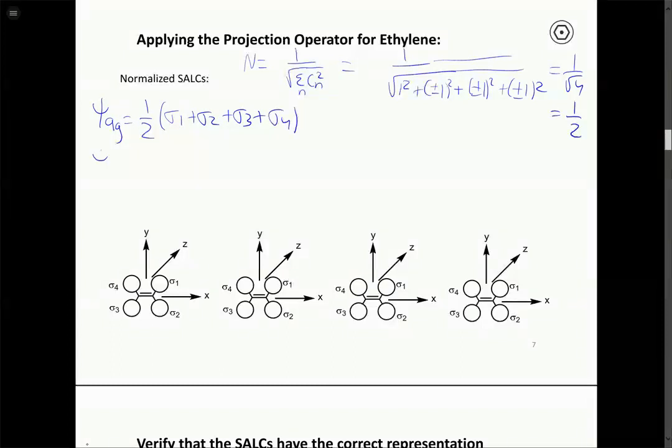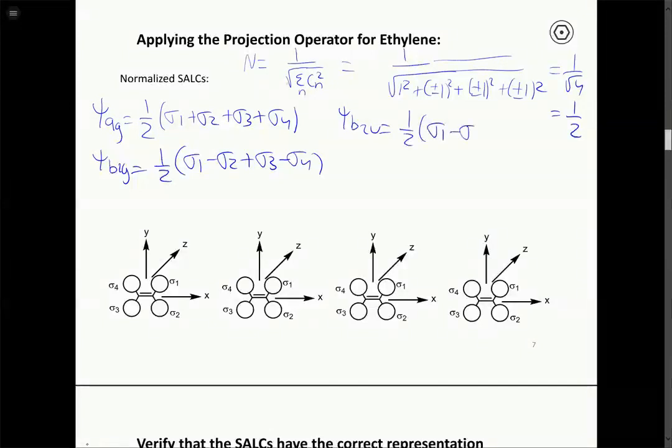For B1G, we get 1/2, and we get sigma 1 minus sigma 2 plus sigma 3 minus sigma 4. B2U, we get, so all we're doing is just copying what we did in the last slide and then putting the normalization coefficient in front of it, so nothing difficult here. And then finally B3U.